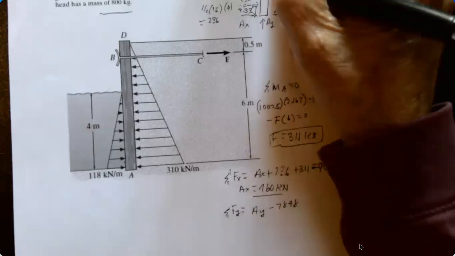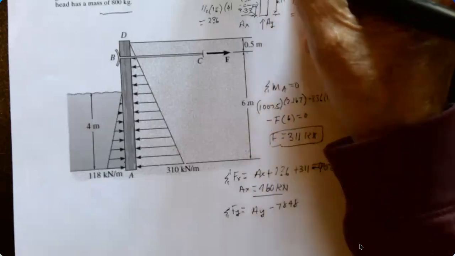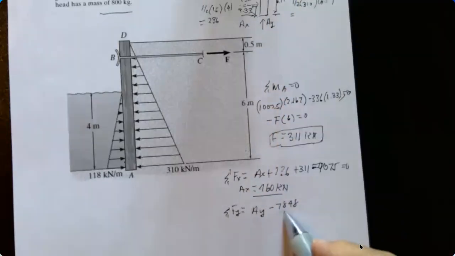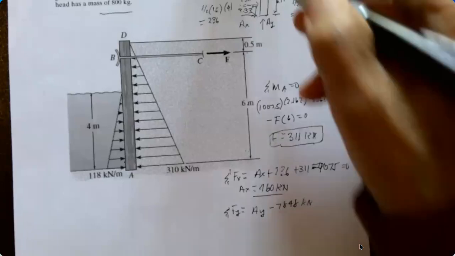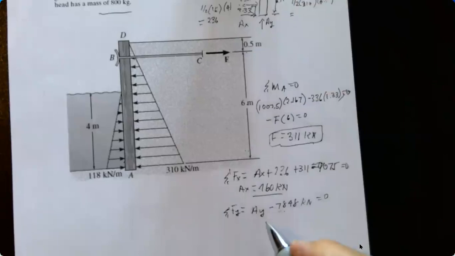So there's an 800 kilogram mass here times the 9.81 gives you minus 7848 kilonewtons. That's the mass of the bulkhead equal to 0. And so A sub y then is equal to 7.85 kilonewtons.